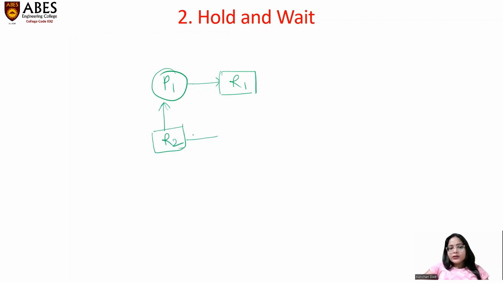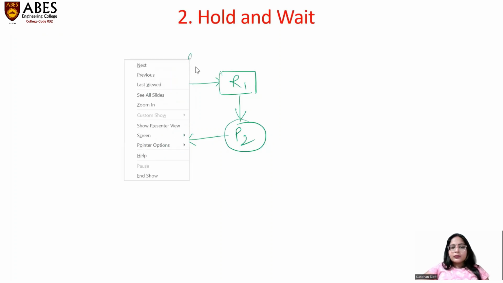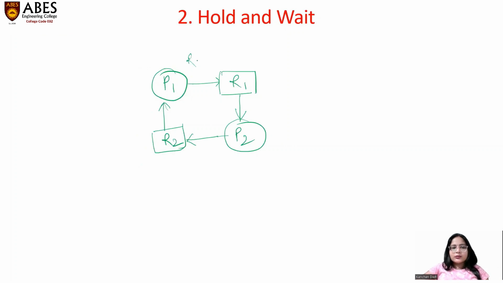But R2 is being requested by P2, and P2 has the allocation of R1. So this is the request edge, this is the allocated edge, this is also an allocated edge, and this is the requesting edge.